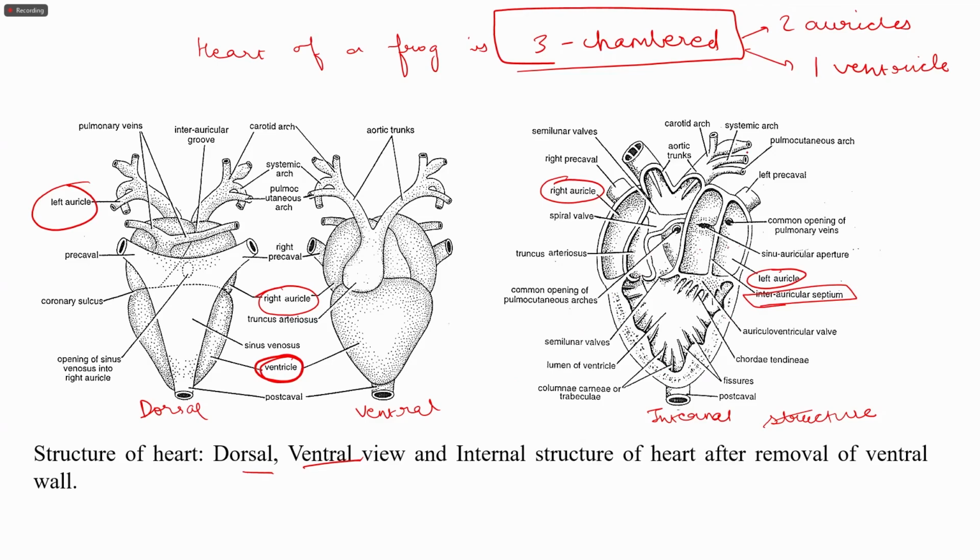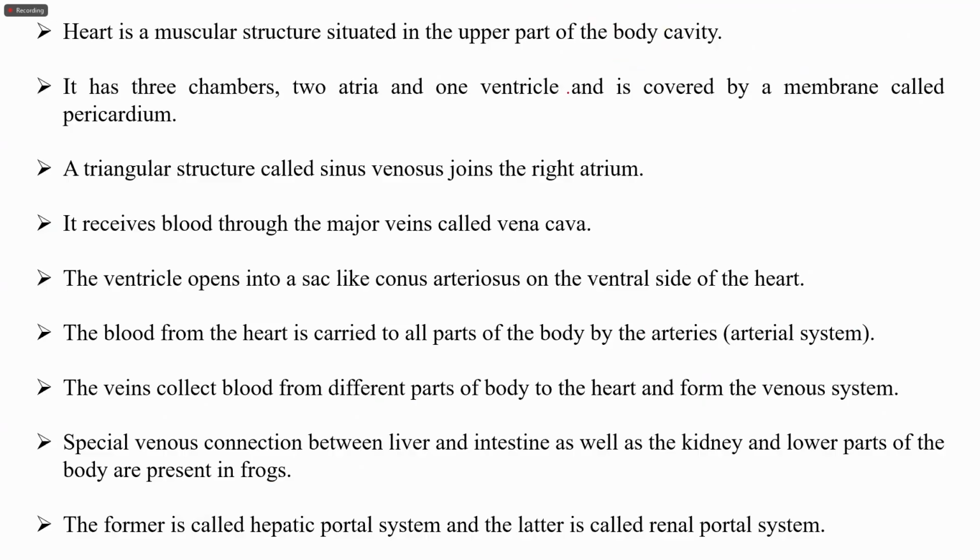We have different walls that prevent the backflow of blood from one chamber to another. The heart is a muscular structure situated in the upper part of the body. It has three chambers, as I mentioned, two atria or auricles and one ventricle, and it is covered by a membrane known as the pericardium.